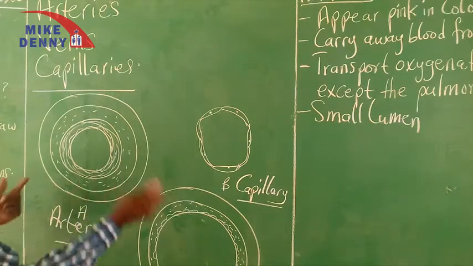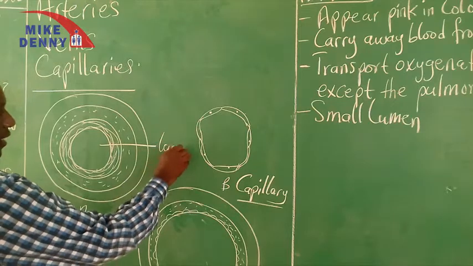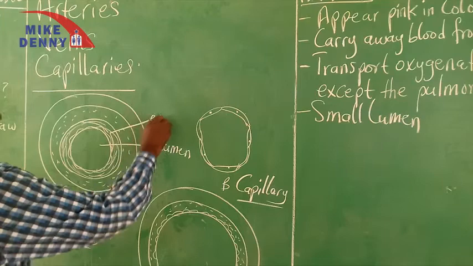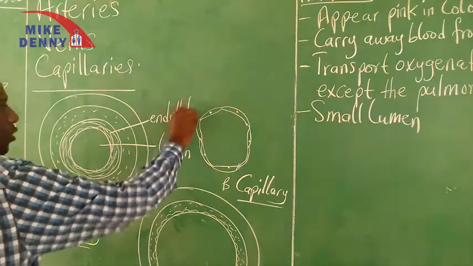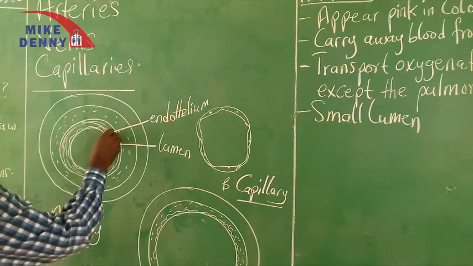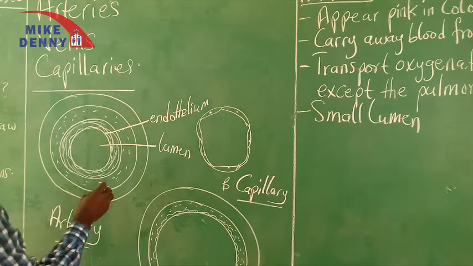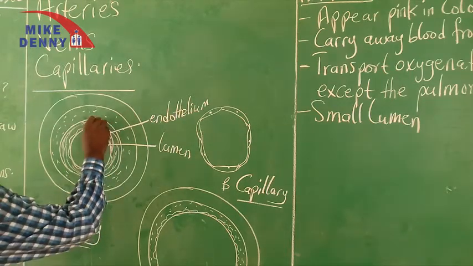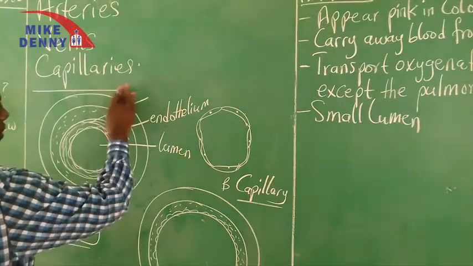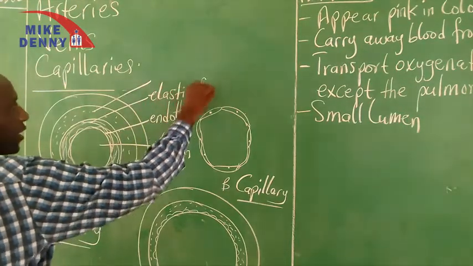So if we are to label this, we'll be talking of this as lumen. Then we have this cell that makes the endothelium. The endothelium is this inside. Then this wall is elastic fiber.